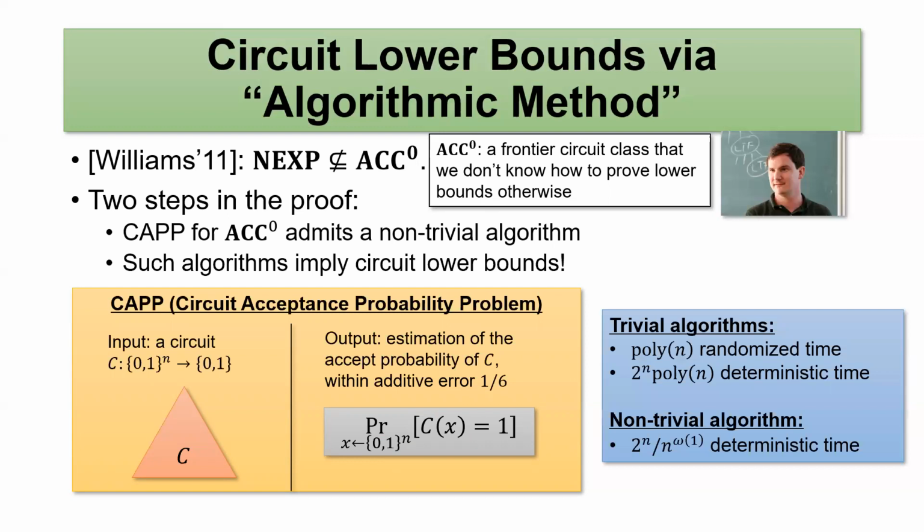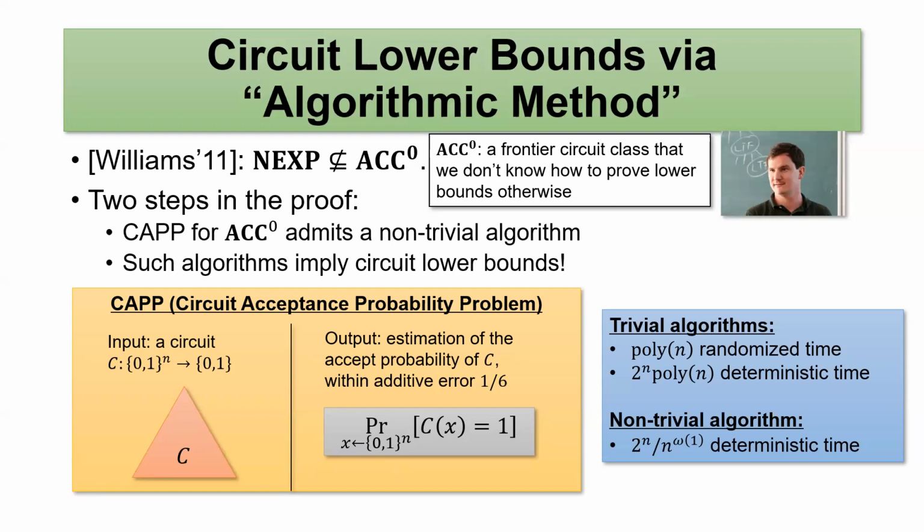Apparently, the problem has a trivial polynomial time randomized algorithm by just sampling the inputs enough times. It also has a trivial 2 to the n times poly n time deterministic algorithm by enumerating over all possible x.